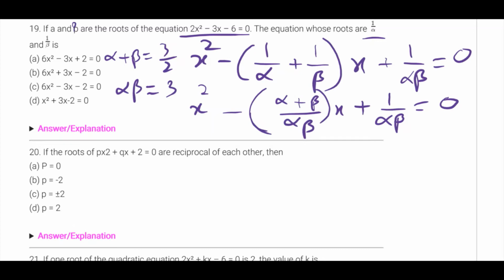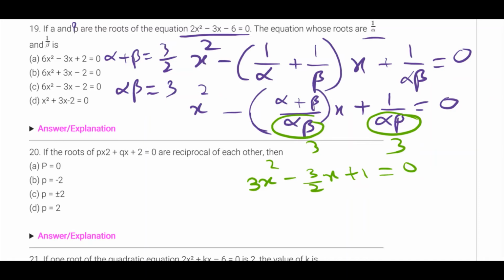Taking the LCM and substituting the value of alpha beta, 3x square minus alpha plus beta, which is 3 by 2, x plus 1 equals to 0. Multiplying by 2, 6x square minus 3x plus 2 equals to 0. This is the required equation, which is option 1, option A.